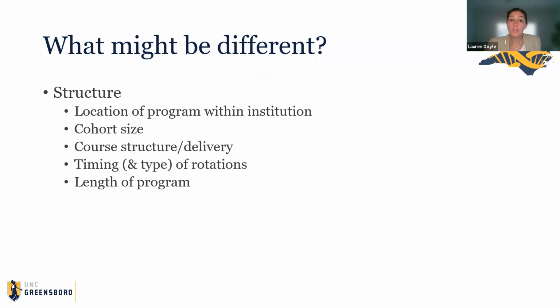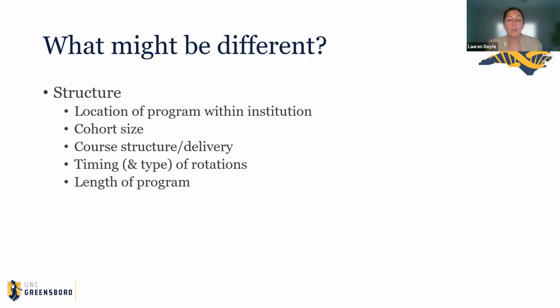And rotations can occur in many different forms. I think when people say rotations, they think of these full-time rotation experiences, but actually the terminology of rotation or field work can mean a lot of different things. So some programs start interactive clinical rotations right away, where students are participating in cases in the first semester.